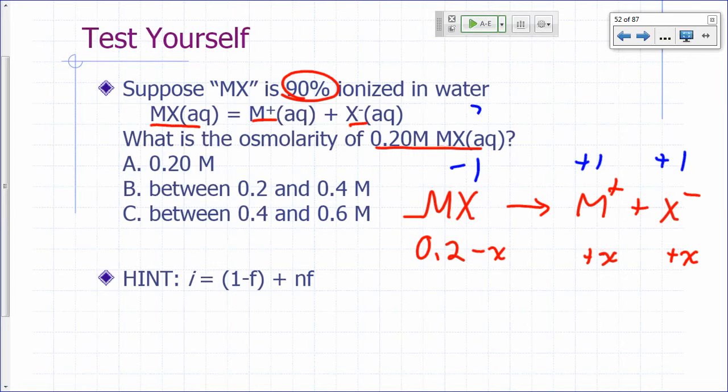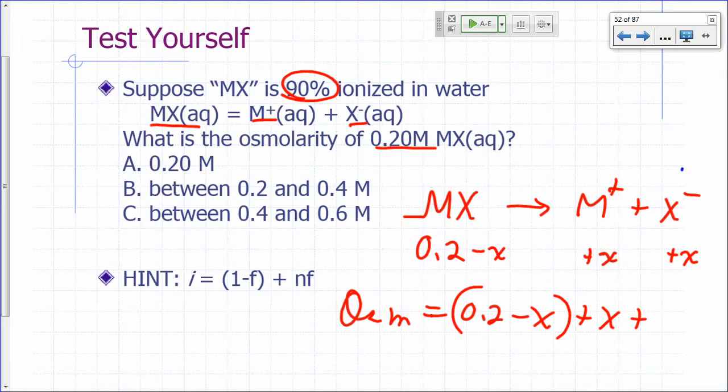If I lose 2 moles here, I'm going to make 2 moles of that, and 2 moles of that. That's stoichiometry, right? So what would be my total molarity then? Your osmolality would be 0.2 minus x plus x plus x.